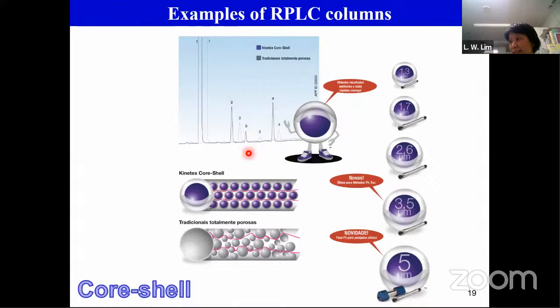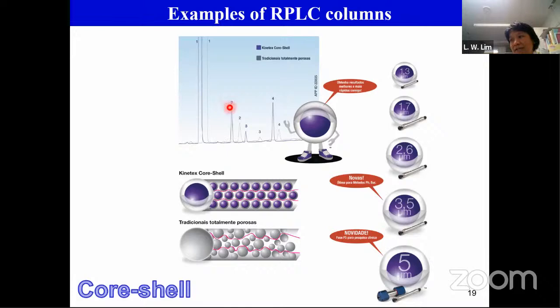For example, the core shell is the purple line and the traditional totally porous is the lighter purple line. You can see the retention time is reduced a bit compared to number 2. Using core shell is faster, and when you can elute something faster, usually the peak broadening will be less and you can have higher sensitivity.